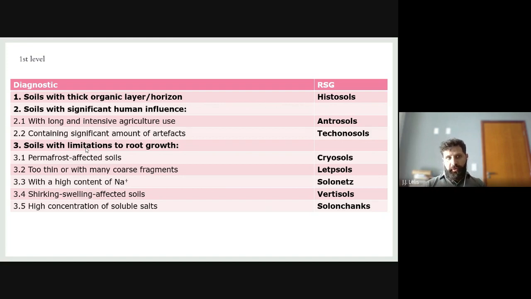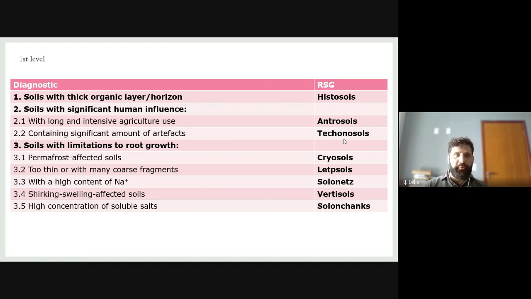And if the soils do not present a thick organic layer and are related to a significant human influence, if they present a significant amount of artifacts, if they are related to a modern human influence, to urban sites, they are called technosols. So mining areas, urban soils, soils that are influenced by modern human societies, they are called technosols.